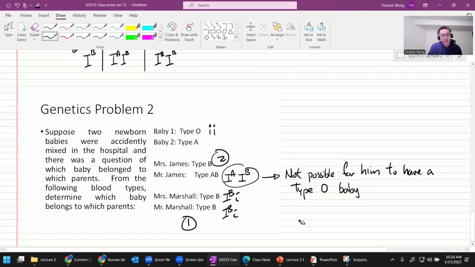And if you do the Punnett square, there's a 25% chance they are able to have a type O child. Right? If anything, they cannot have a type A baby. They don't even have the IA allele. So that's how you do these kinds of questions. You just kind of logic your way through it. It gets more complicated once we include the Rh, but we'll do some examples of that sort next class.